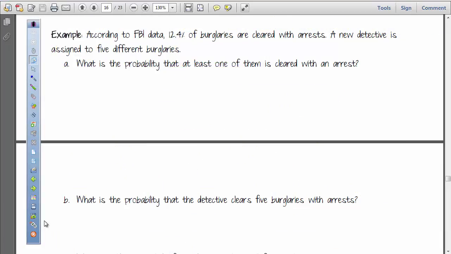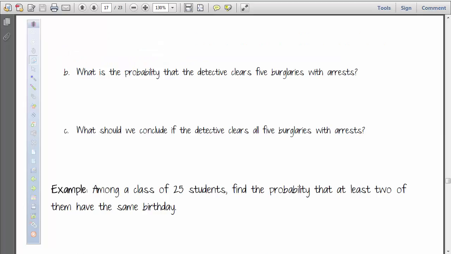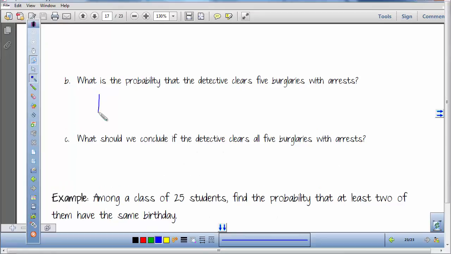All right, in part B, it says, what is the probability that the detective clears 5 burglaries with arrest? This is no longer an at least one type problem. We're just interested in the probability that 5 are cleared. When I think about my keywords, we would have cleared and cleared and cleared and cleared and cleared.